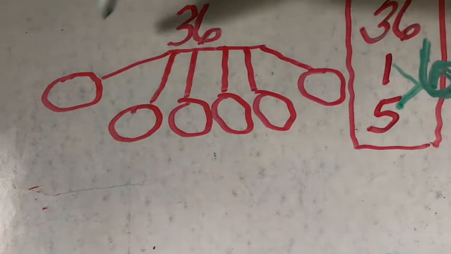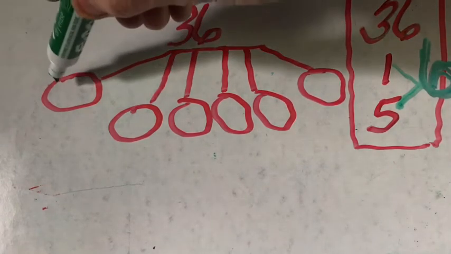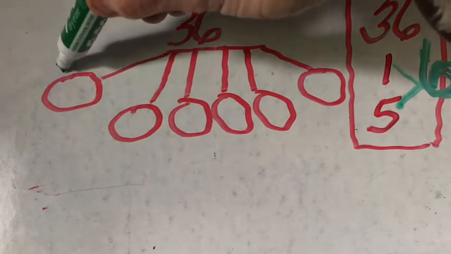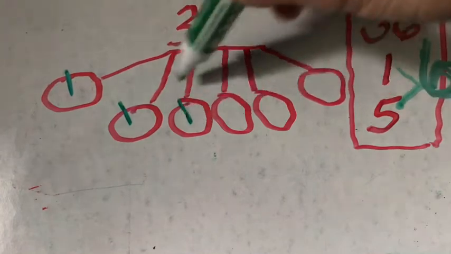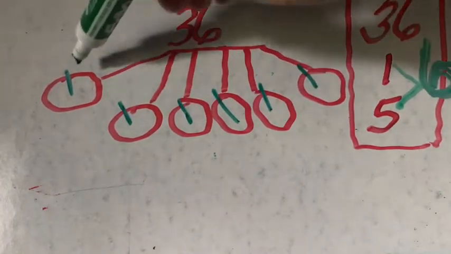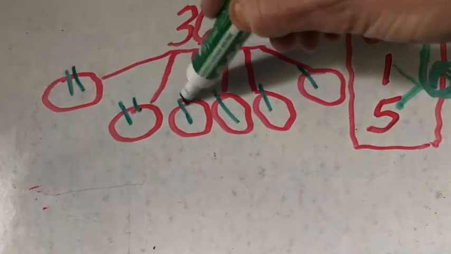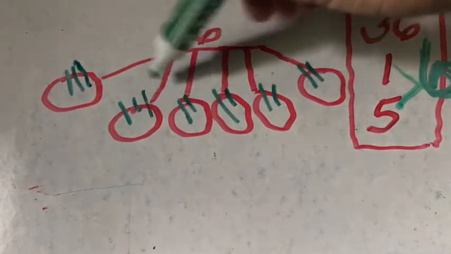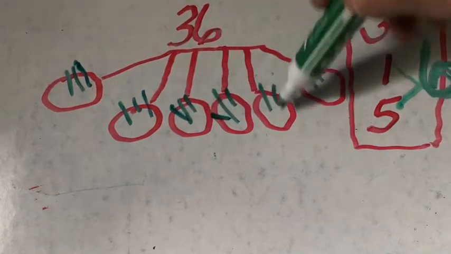When I divide them, I can take 36 and I can count out. I can just start giving each person 1 until I get to 36.